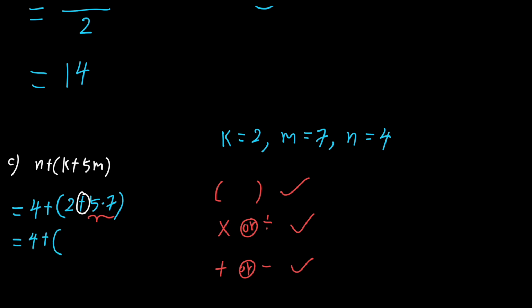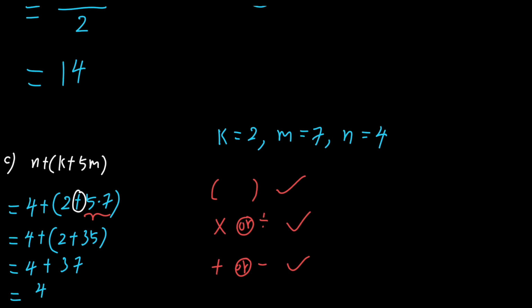Inside the parentheses, we're gonna do the multiplication first. So 5 times 7 is 35. And since we still have the parentheses, we gotta evaluate the elements inside the parentheses first. So it's gonna be 4 plus, inside the parentheses, 2 plus 35, which is 37. And 4 plus 37 will be 41.